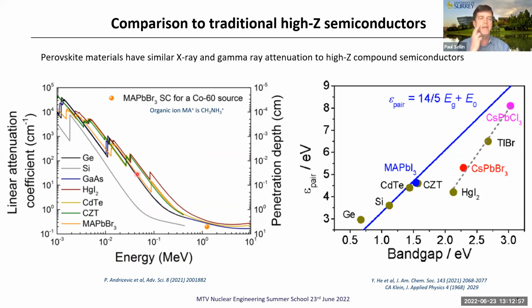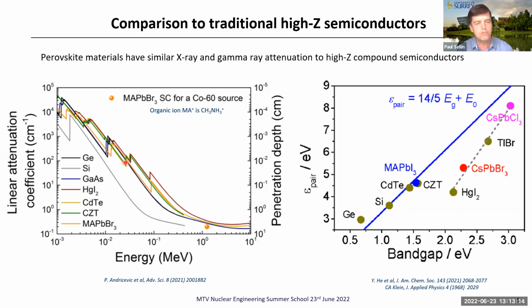materials. And many of you will be familiar with CZT, shown in green, and cadmium telluride. And these are the sort of leading compound semiconductor materials which have a high linear attenuation coefficient for X-rays and gammas.